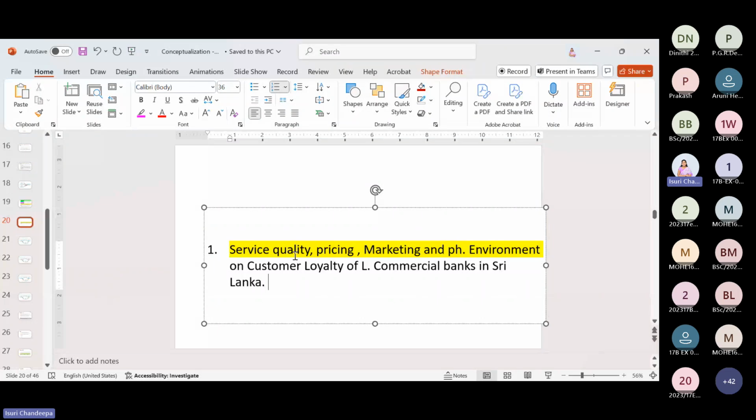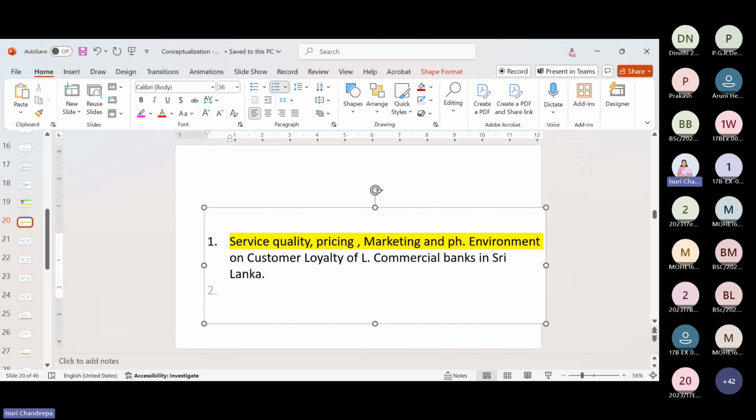So try to draw the conceptual framework for your studies, right? Based on the conceptual framework, try to develop the research questions and objectives as I'm going to do now, right? So we have 4 independent variables, very clear, 4 independent variables, 4 questions.